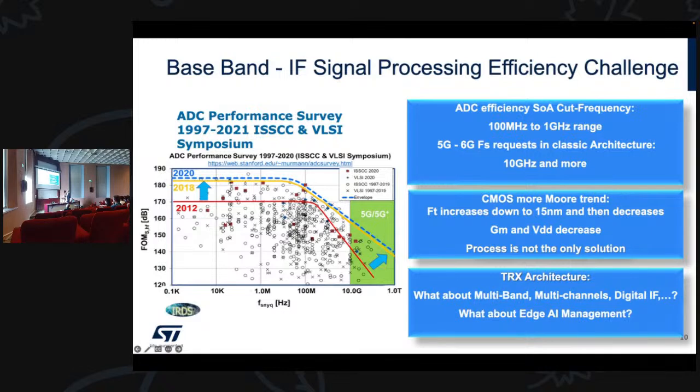The GM is always decreasing between 15 and less, and the VT is also decreasing. So this means that CMOS technologies will not answer this challenge. So we have to rethink the architectures.